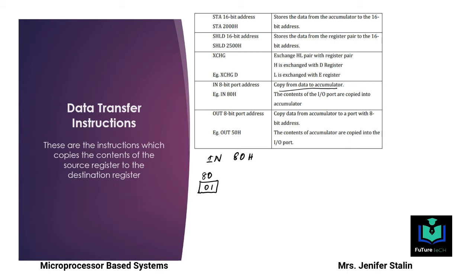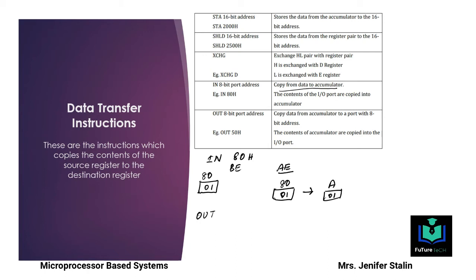Let's say the data to be 01. After executing the IN 80H instruction, what happens? The content which is present in the given address 80 is moved to the accumulator. The accumulator is loaded with this data.